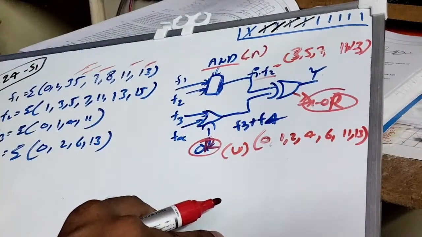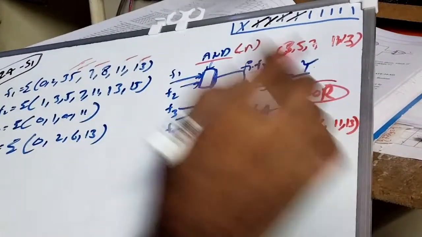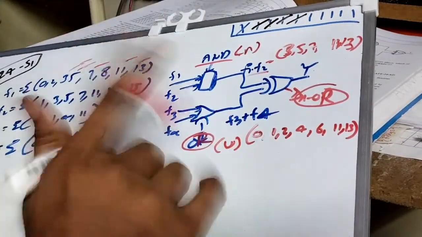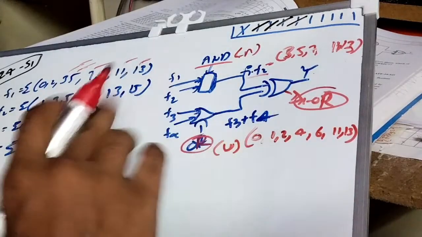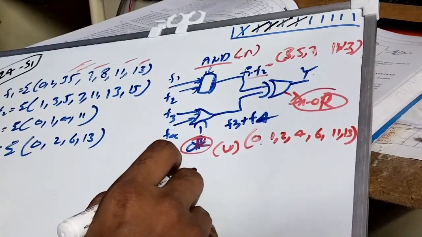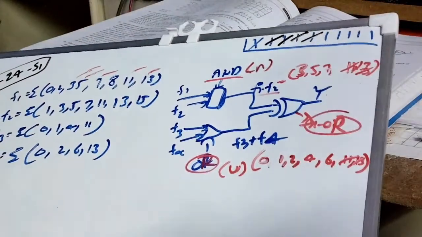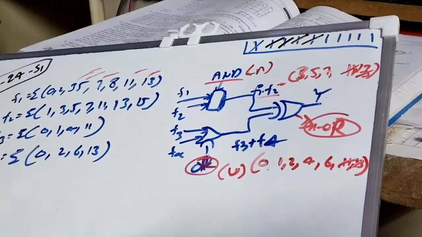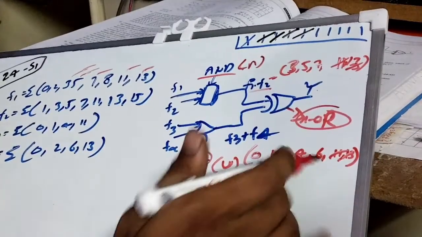XOR means exclusive terms: terms should be present in only one, not in both. So let's delete the common terms. 13 and 11 are common. Is there any other common? All right, this will be the answer.